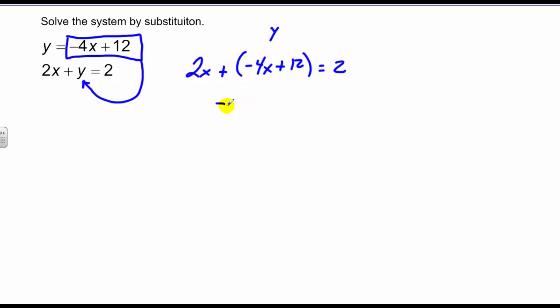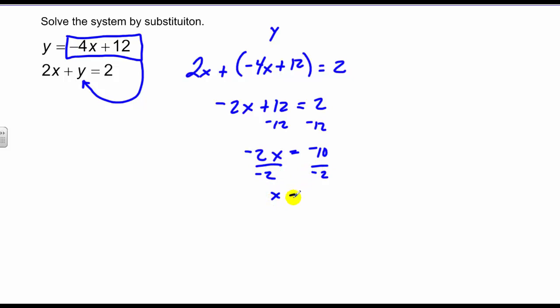Combine like terms: negative 2x plus 12 equals 2. Subtract 12 from both sides. Get negative 10 equals negative 2x. Divide both sides by negative 2. Get x is equal to a positive 5.